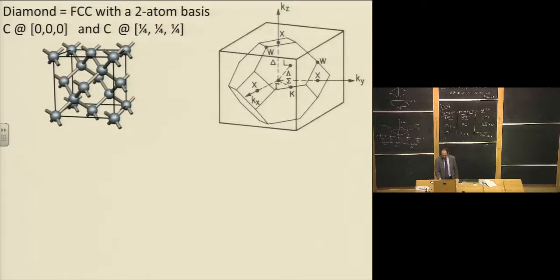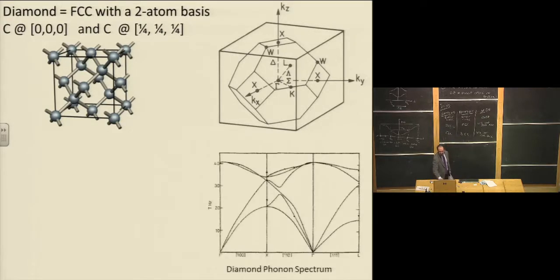So let's see if we have a picture of it. Yeah. So here's a picture of the diamond phonon spectrum. The way it's drawn is that you take cuts through the Brillouin zone along certain directions that you're interested in. Here the frequency is vertical, and the k vector is horizontal. This is cutting from gamma to X along the 1, 0, 0 direction, along this dotted line here.